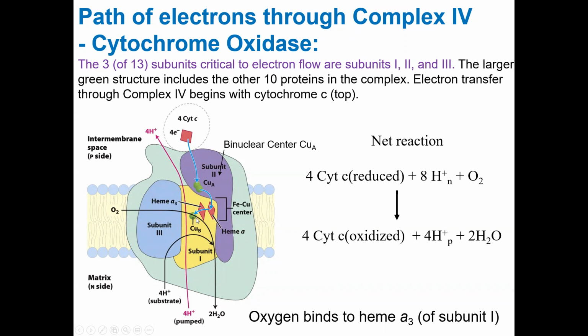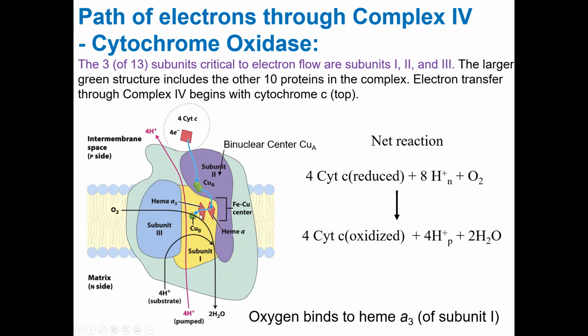And so once that happens, oxygen will now bind to Heme A3. Yeah, that's where oxygen binds. Oxygen binds to this Heme A3 of the iron copper center of subunit 1.